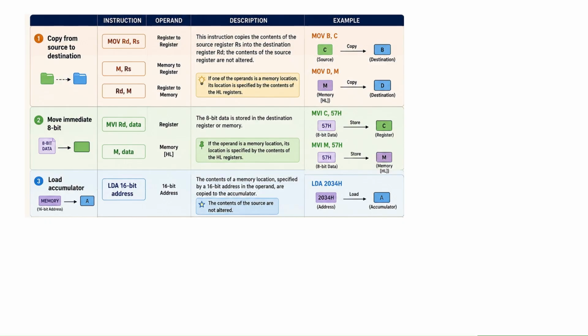So after execution of this instruction, the data at the 2034 memory location will be loaded to the accumulator. So if the memory location 2034 has a data of 20H, then after execution of LDA 2034H, the accumulator also has the data 20H.